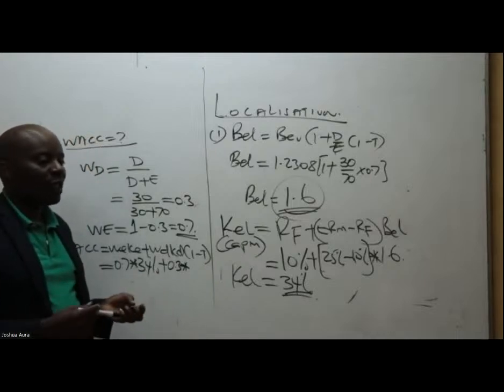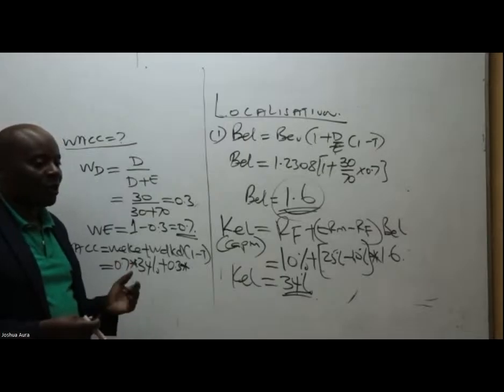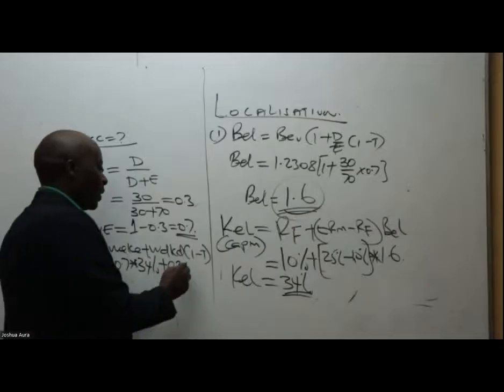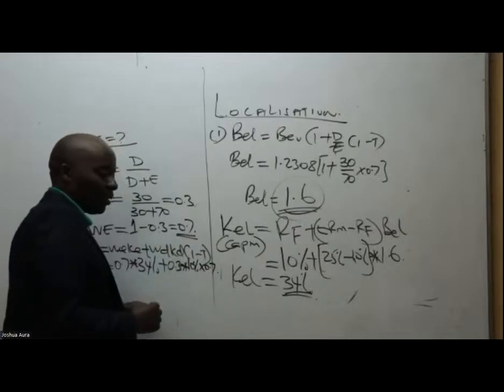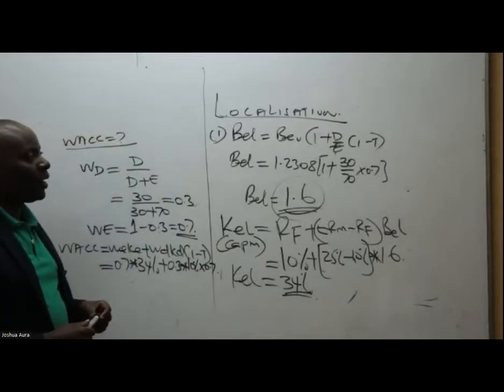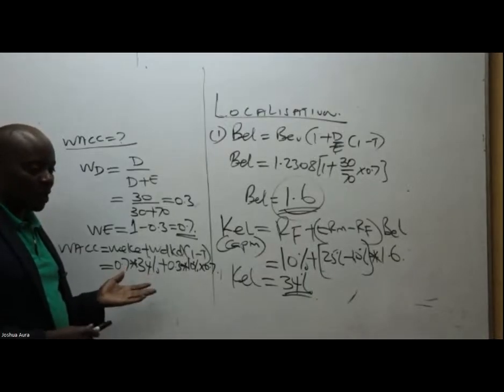We take risk-free, which is 10%, and multiply this by 0.7 because of 1 minus tax.